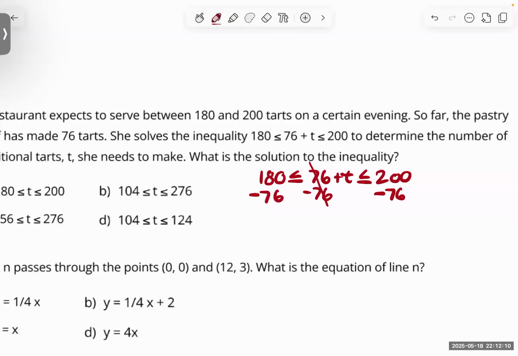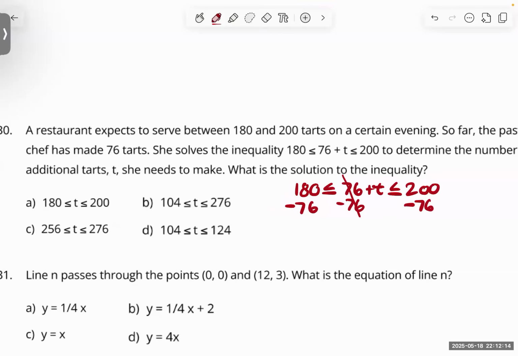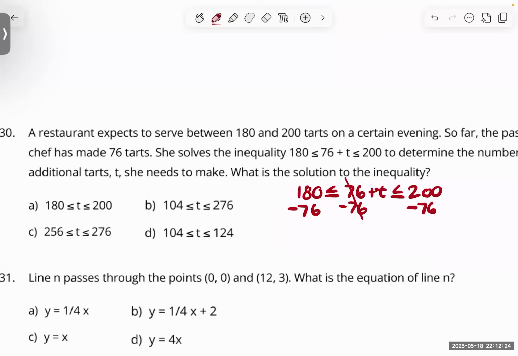So right over here. Now, if you don't want to use your calculator, fine, I recommend you do, but use your logic here. 180 minus 76, is that going to be bigger or equal to 100? Is that going to be bigger or smaller than 180? It's definitely going to be smaller, so it's not A, it's not C, and 180 minus 76 is 104.